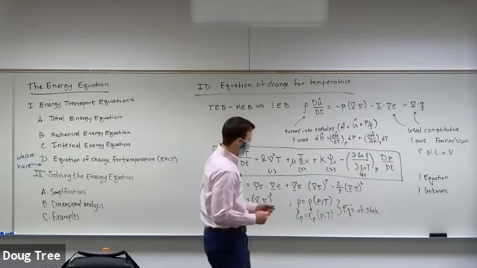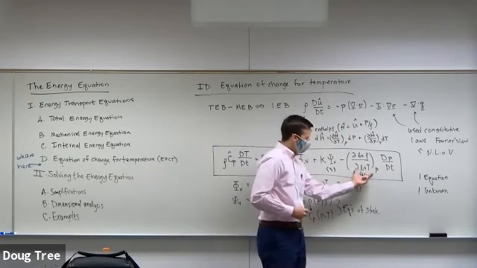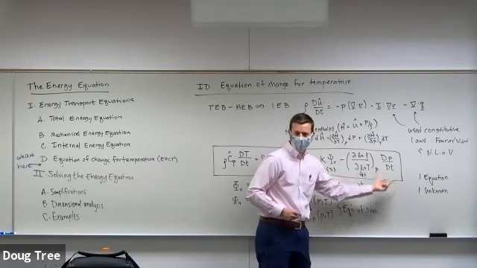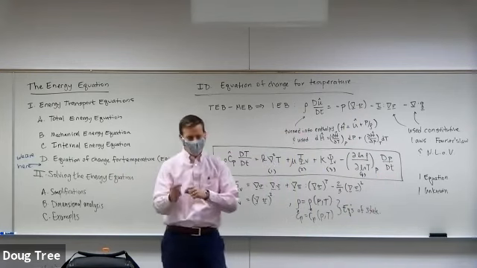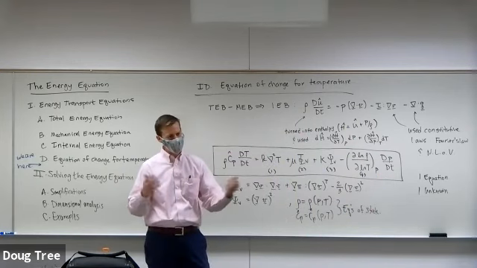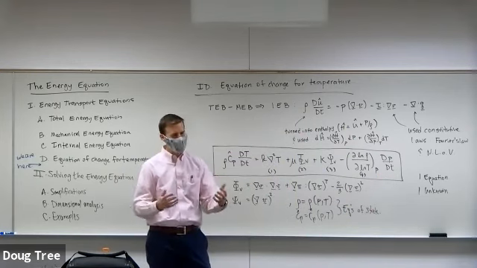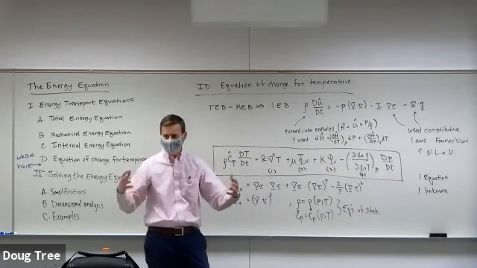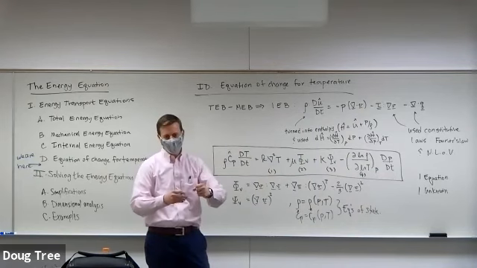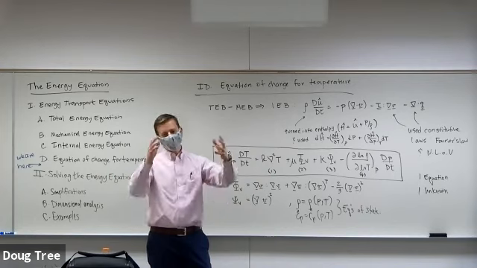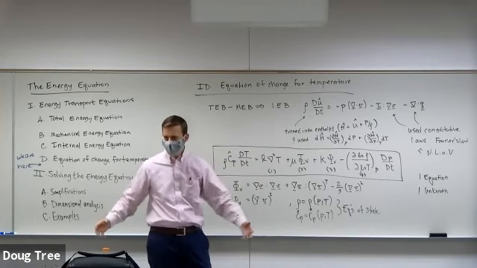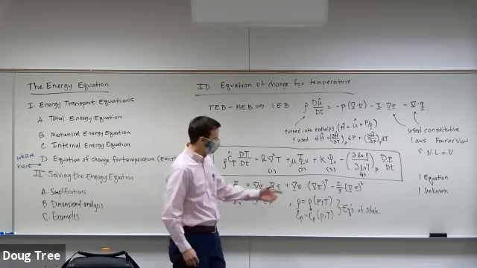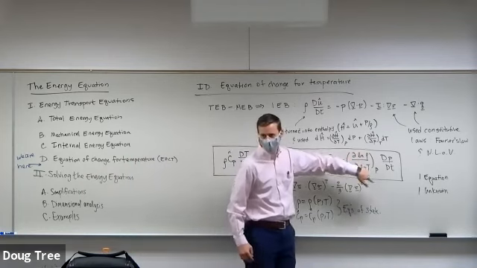So I have changes in density at constant pressure, and then I have changes in pressure. You can think that has to do with my equation of state. Think about an ideal gas or thermo cycles, where you compress a gas and maybe its temperature goes up, or you expand a gas and the temperature goes down. All of that is happening in this term here.